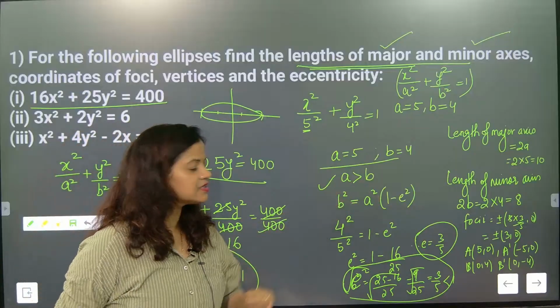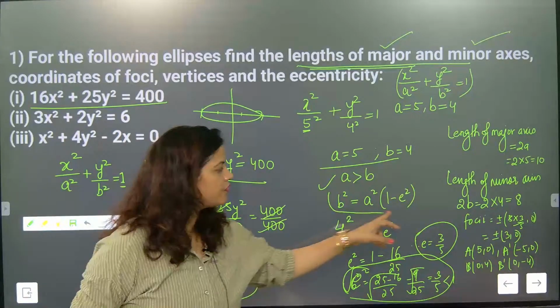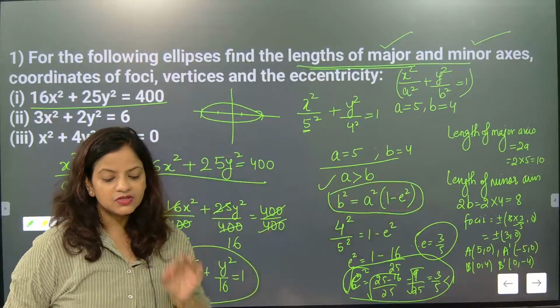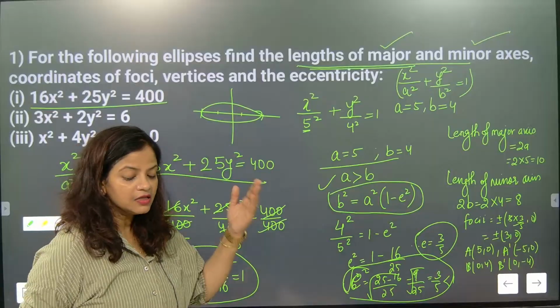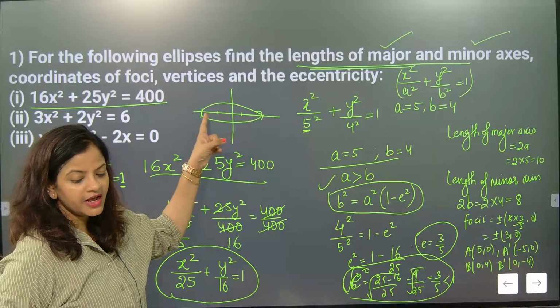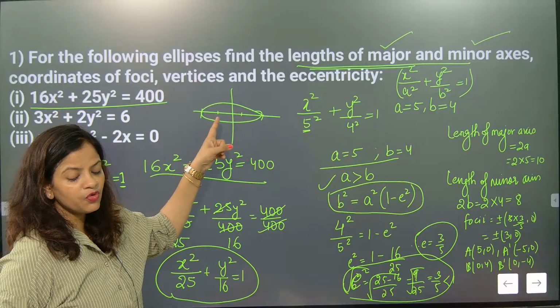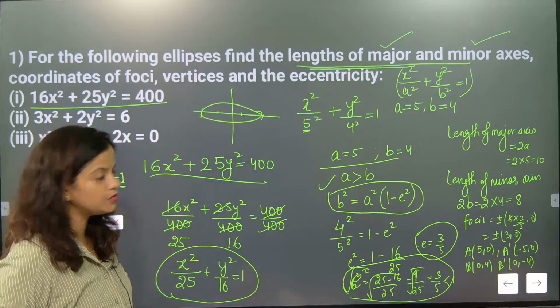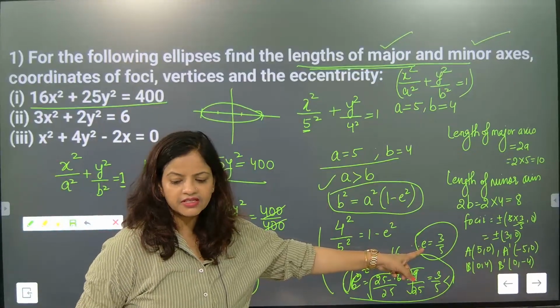Then we had to find the eccentricity, because without the eccentricity you will not be able to find the foci. Two foci will be there, one on this side at (ae, 0) and one on this side at (minus ae, 0). With that, the eccentricity is coming as 3 by 5.